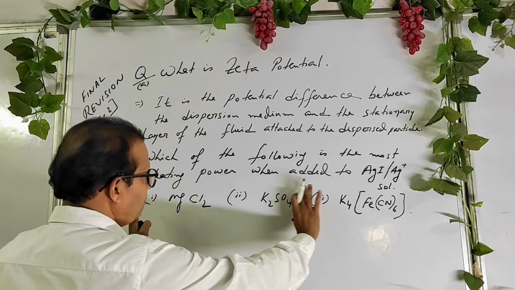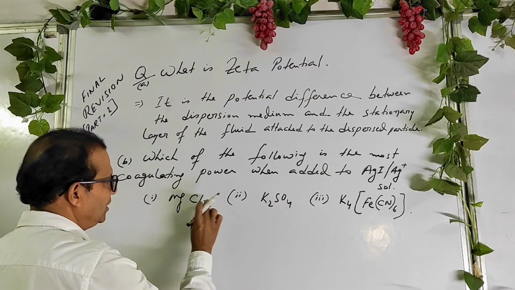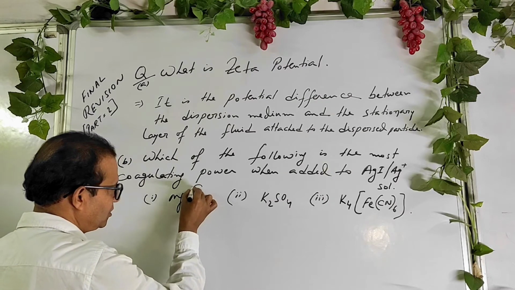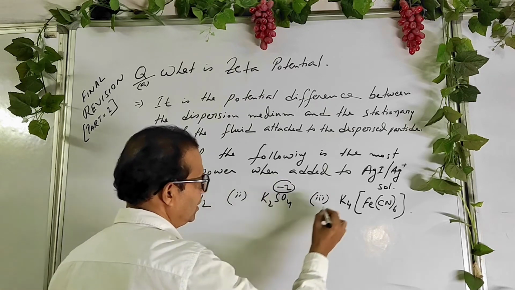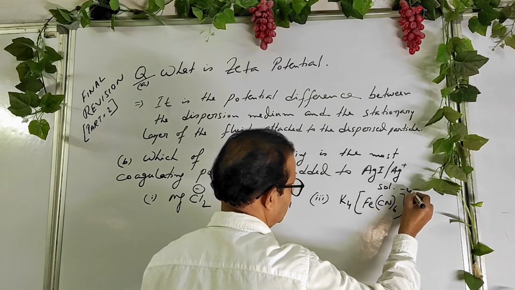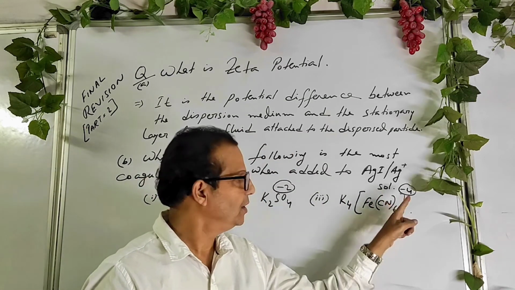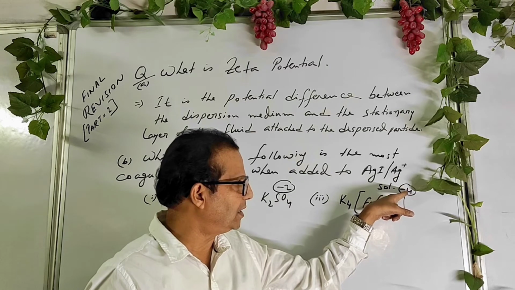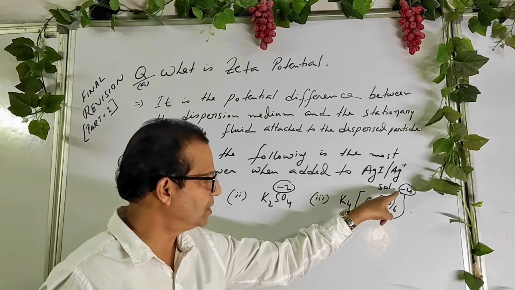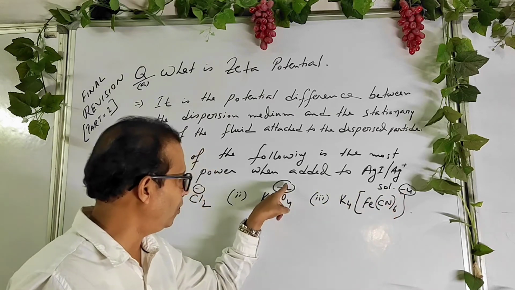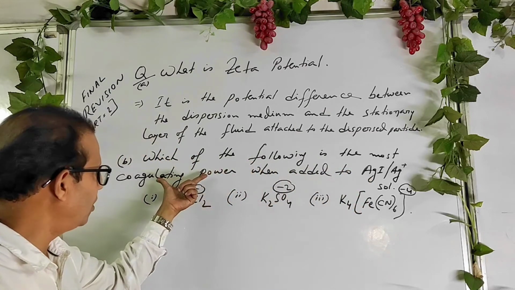Now, if you dissociate, no need to show dissociation, chlorine possesses -1 charge, sulfate possesses -2 charge, and this possesses -4 charge. So you see that according to Hardy-Schultz rule, greater the charge on the active ion, that is the ion responsible for coagulation, more will be the coagulating power.